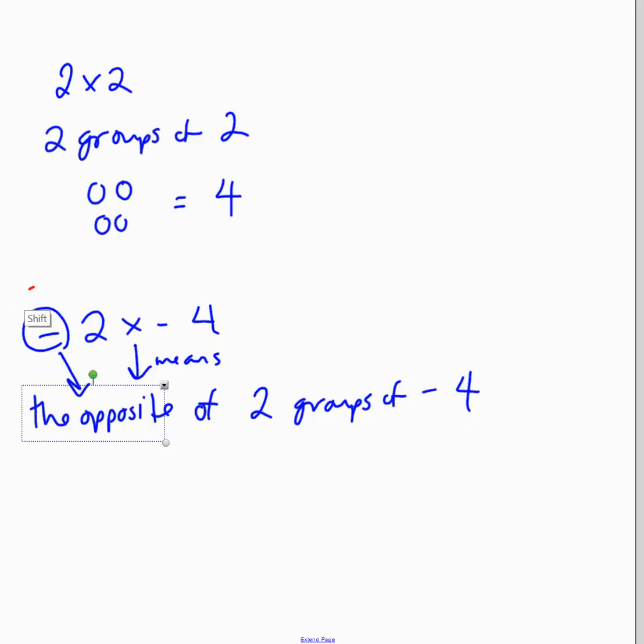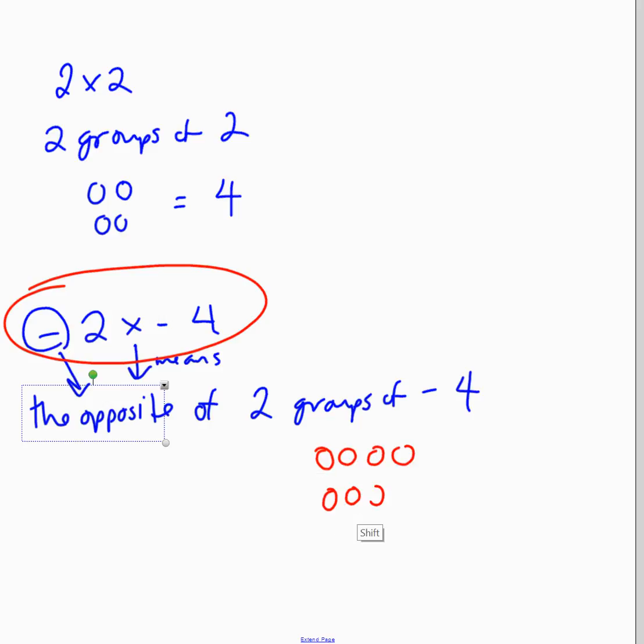What this whole thing here means is the opposite of 2 groups of negative 4. Now, what is 2 groups of negative 4? Well, there are two groups of negative 4. Two groups of negative 4 is negative 8. What's the opposite of that? So basically what I'm asking you is, what's the opposite of negative 8?